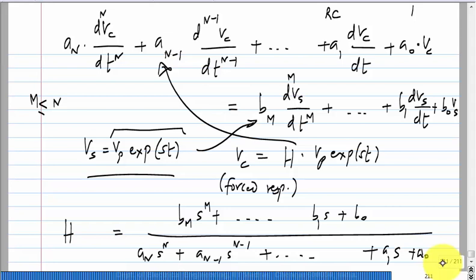You would have seen these things already, but I am showing it to you nonetheless. Basically, it is the ratio of the forced response to exponential St divided by exponential St.